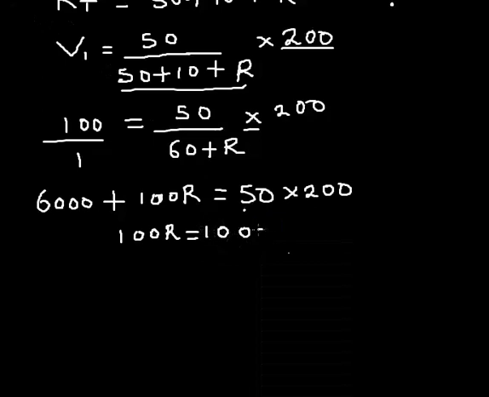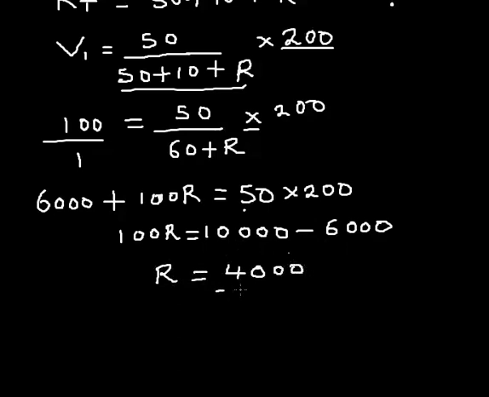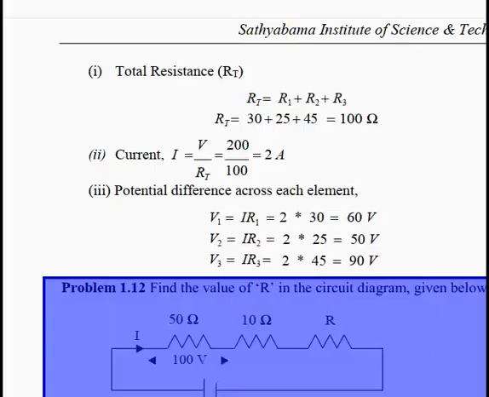Then I take the 6,000 to the other side. That's going to be minus 6,000. So invariably now my resistance R that I'm looking for is going to be equal to, if I subtract this, 10,000 minus 6,000 gives me 4,000. And of course divide by 100. So that gives me 40 ohms. Okay, so I hope that is well understood.